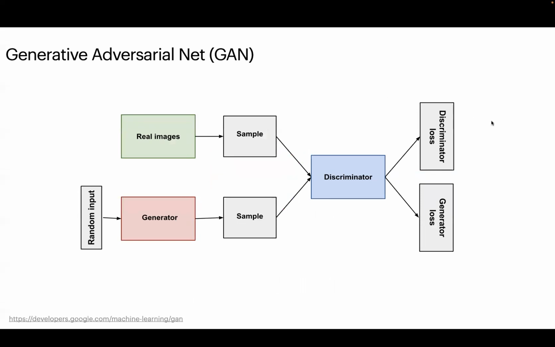Let's first introduce some background. This is the Generative Adversarial Net, or GAN. The basic idea of the GAN is that it can generate unseen photos. There are some popular results that I will show later. The GAN has two parts.